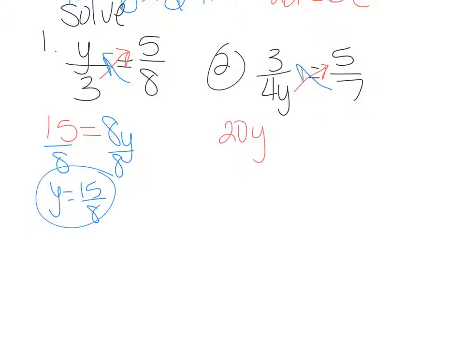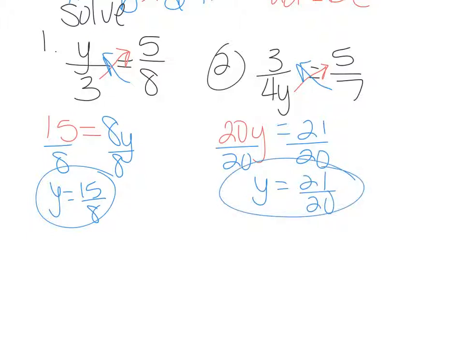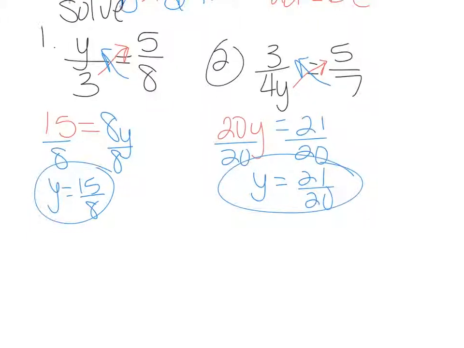And then if I take my other cross product, 7 times 3, that gives me 21. And to solve for y, we divide both sides by 20. So this time, y equals 21 over 20. Okay, making sense? Pretty easy, hopefully. Yes. Okay.